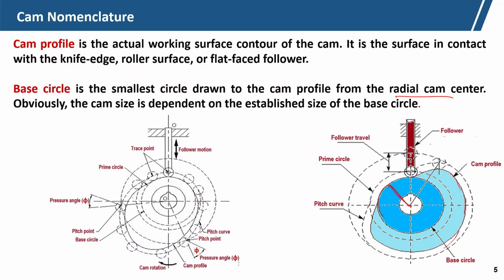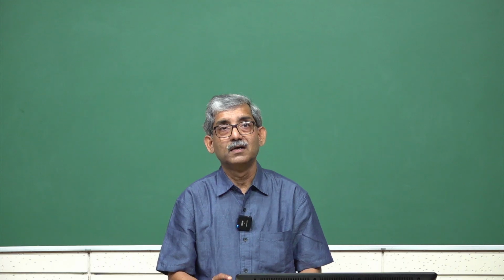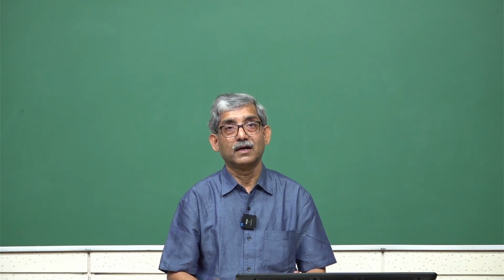Obviously, the cam size is dependent on the established size of the base circle. We can have the same follower movement, same displacement, same stroke, with different base circles, and the base circle basically shows the size of the cam.